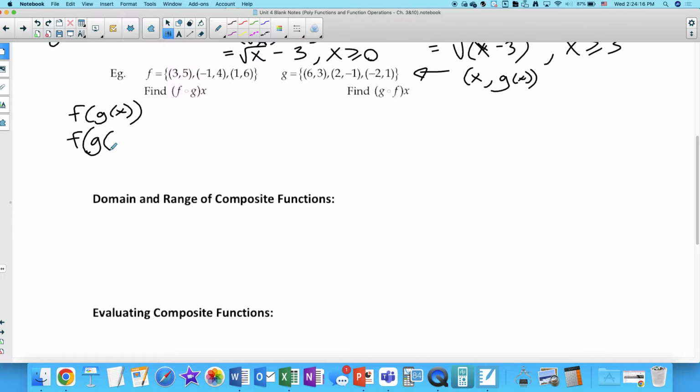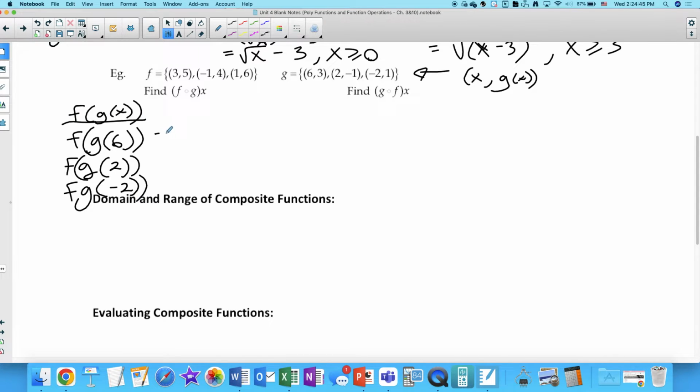This function is defined when x equals 6, when x equals 2, and when x equals -2. Those are the only x values I'm allowed for g of x.